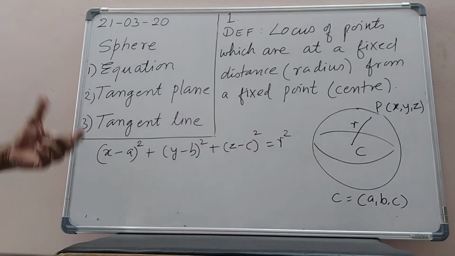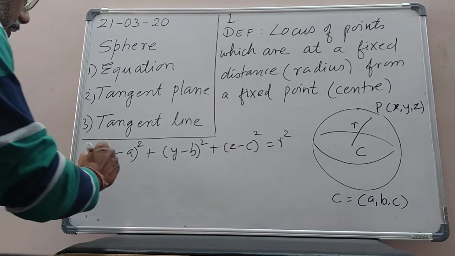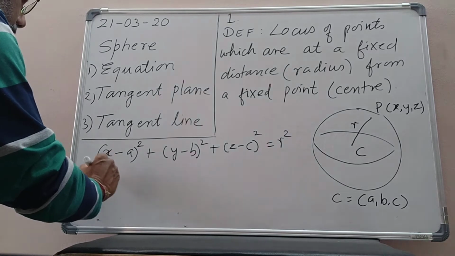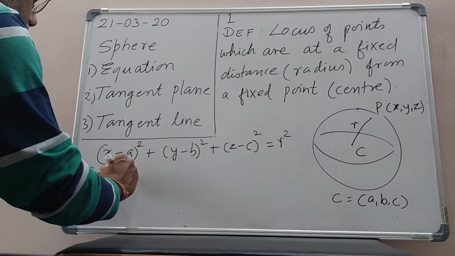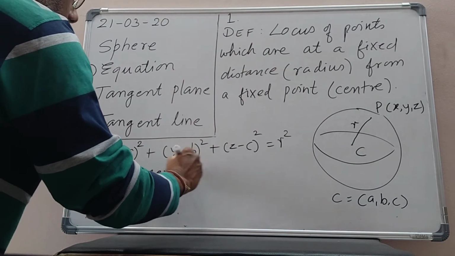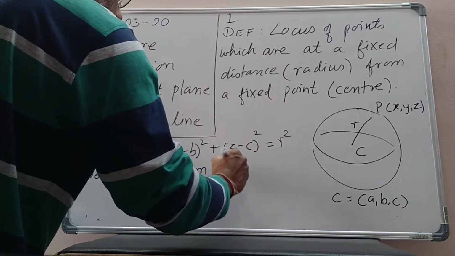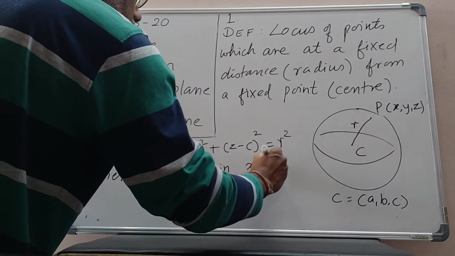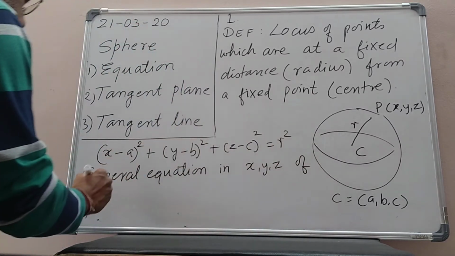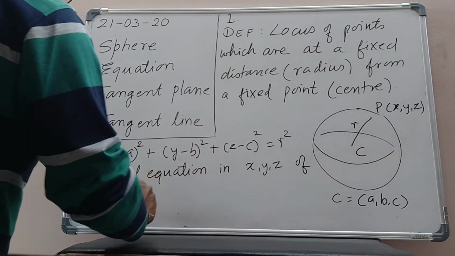Now, how does this compare with a general second degree equation in three unknowns? A general second degree equation in three unknowns will look like this.